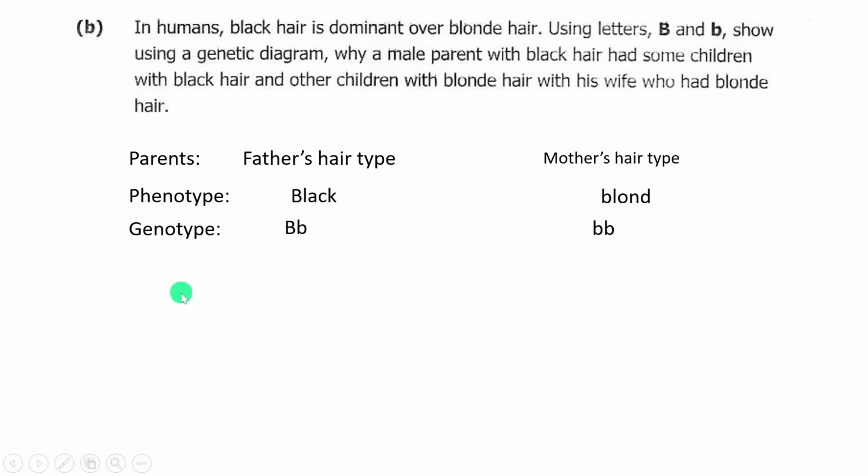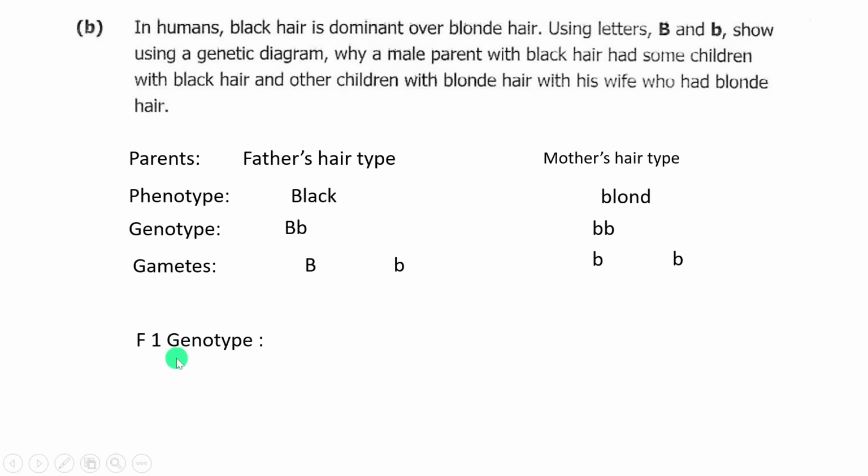Next we look at gametes, how gametes combine during fertilization. The father's gametes are divided, so this one stands alone and this one stands alone. In the mother also, this stands alone and this stands alone. So only half of it is combined during fertilization, and these can combine to form the first filial genotype of the children.